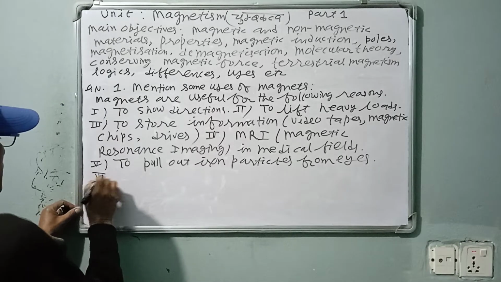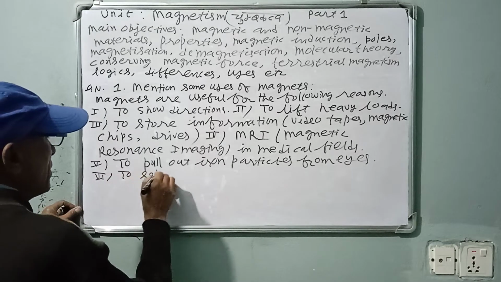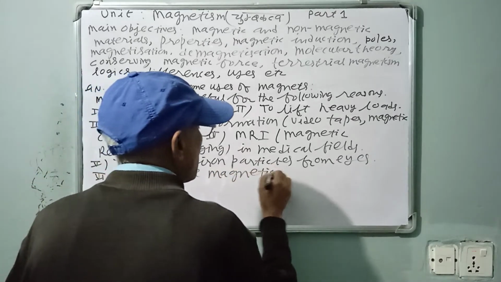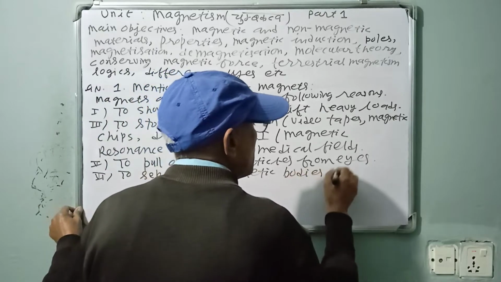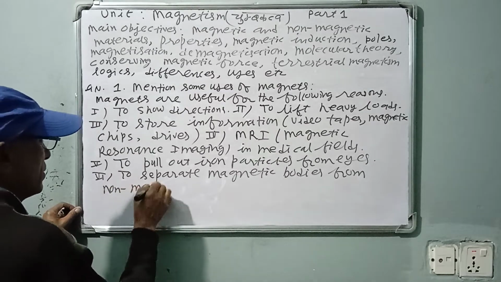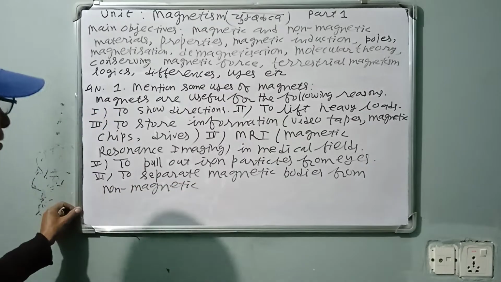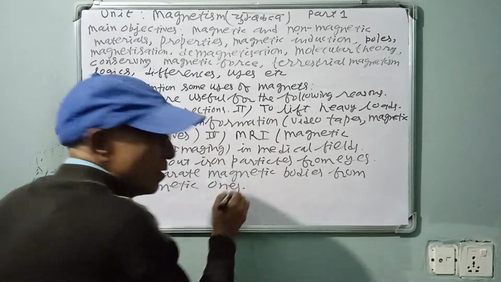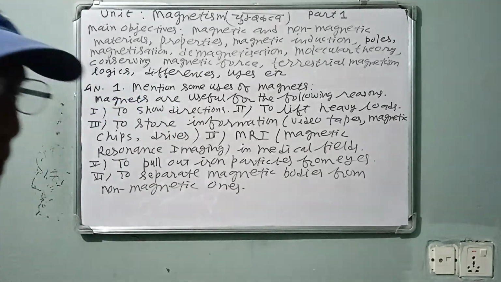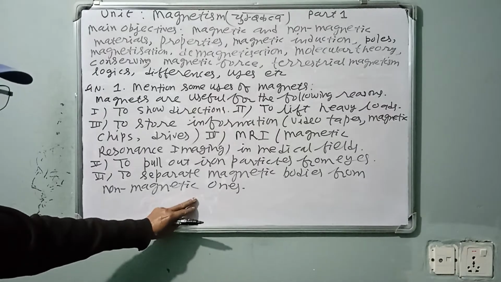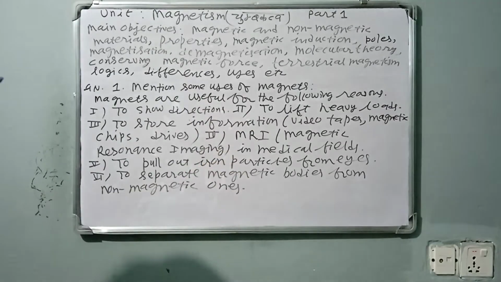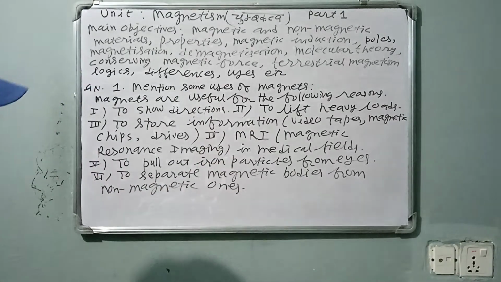Another, to separate magnetic bodies from non-magnetic ones. Sometimes these magnetic bodies must be separated from non-magnetic bodies. By using a magnet, we can easily separate them, even if they are particles.